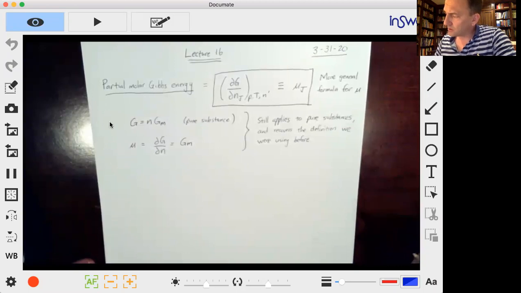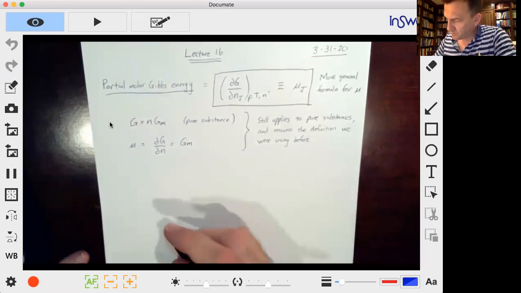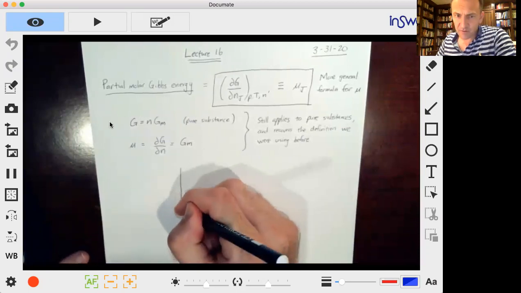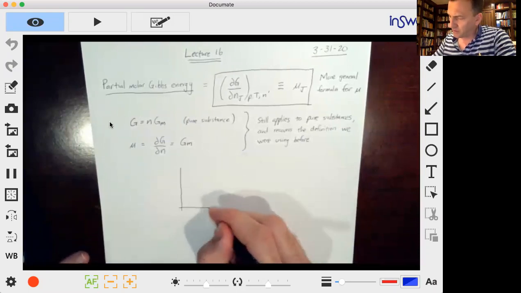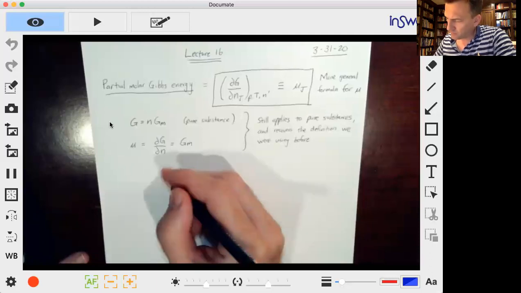So let's take a look at what this would mean on a graph. We're talking about a derivative, so again, we're talking about a slope.